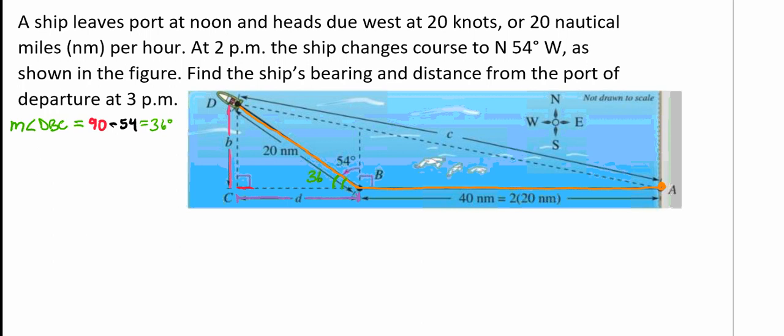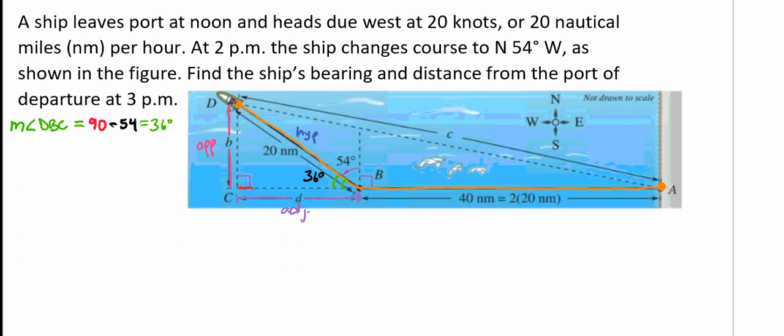So 36 degrees. I'm going to write that in a different color to make it a little bit easier to see. Now, using our 36 degrees, we can find our sides that we're missing. Using that 36 degrees, we can see that we have an opposite side, an adjacent side, and the hypotenuse right here.